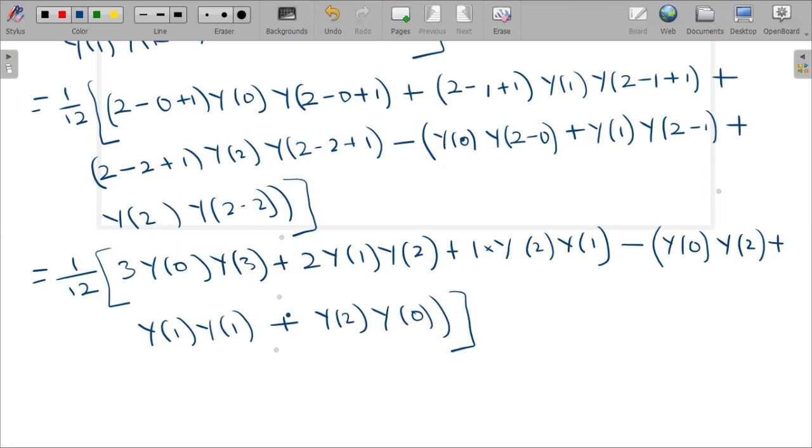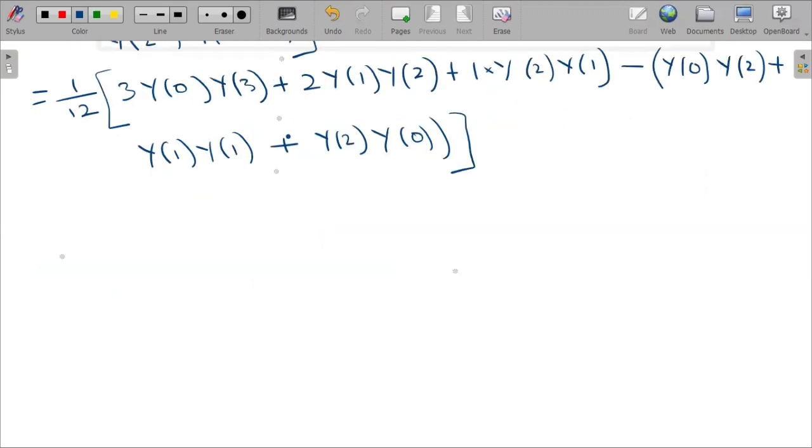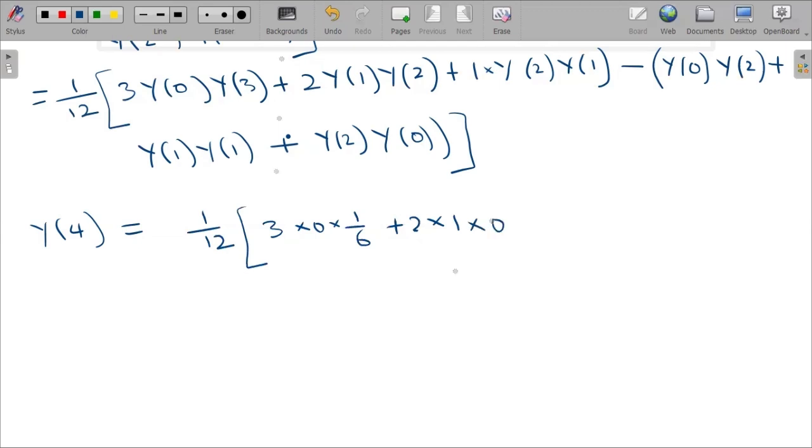So if we introduce the values and simplify, y of 4 will give us 1 over 12 of every term there. So we're going to have 3 times 0 times 1 over 6, that's our y of 3. Then plus 2 times 1, because y of 1 is 1, times y of 2 which is 0. Then plus 1 multiplied by 0, multiplied by 1.